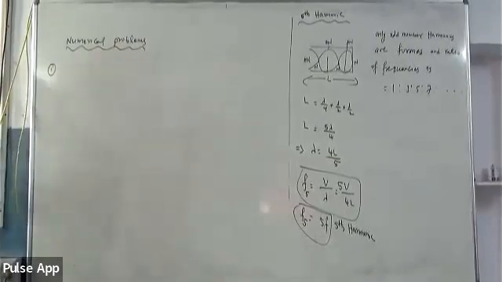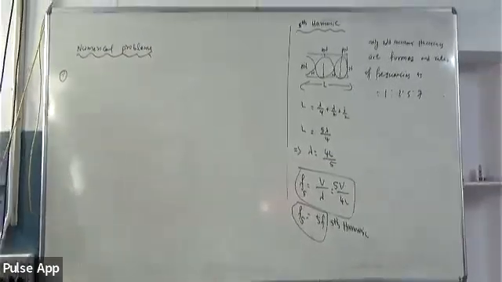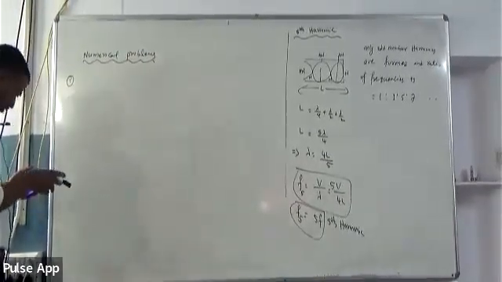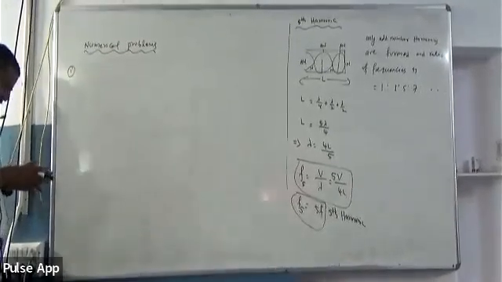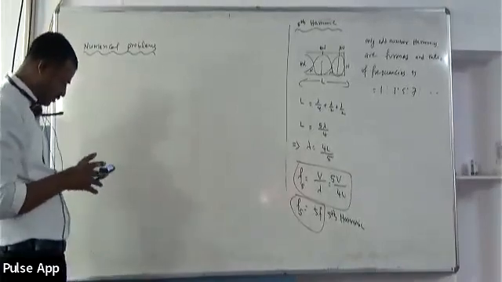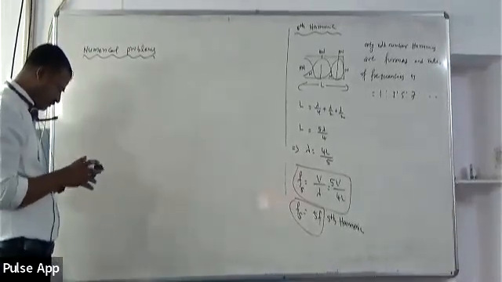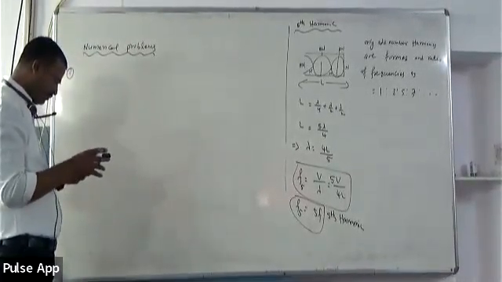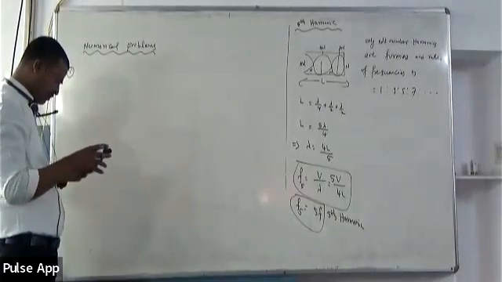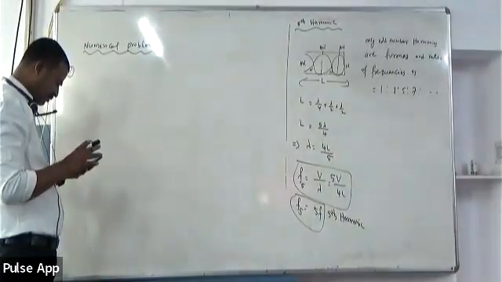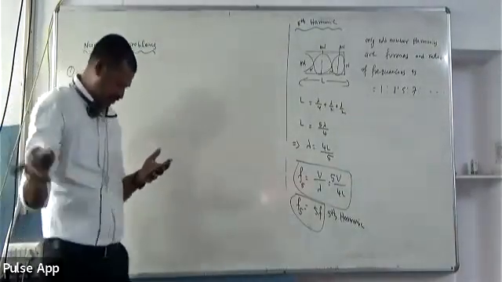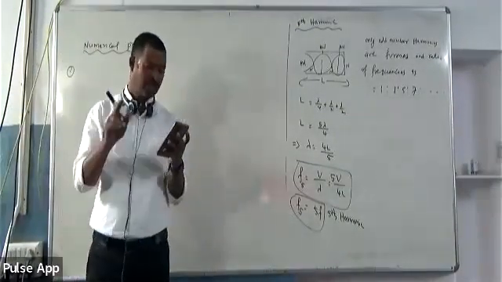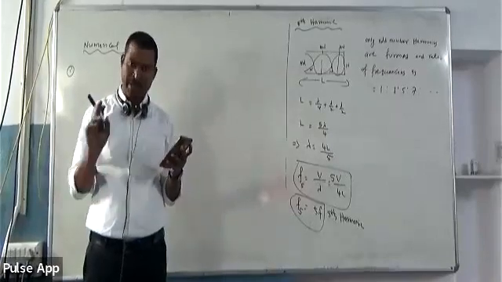Numerical problems. The first question we see is from your recent exam, the March 2023 question paper. See the question which was asked: how are stationary waves formed in a closed pipe?